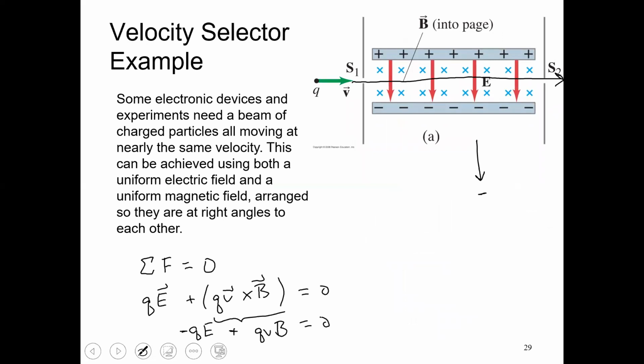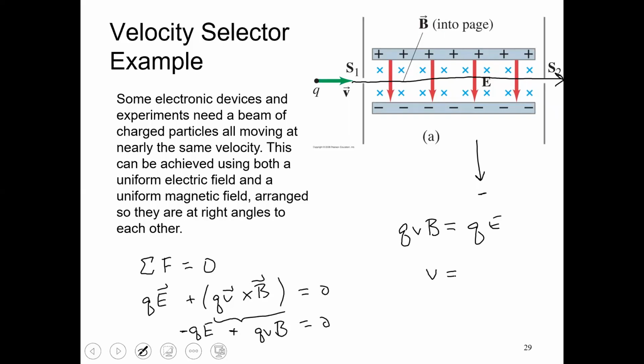So I want those to equal 0. So I want them to be equal and opposite, basically. Which means for my velocity selector, I need this to be the case, and I need them to be in the same direction for this to be true. So you can see Q cancels out. It doesn't matter what Q is.